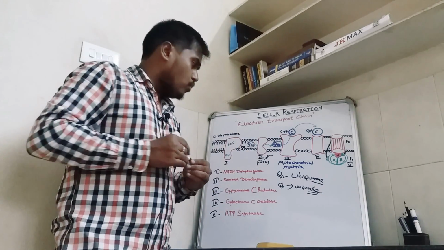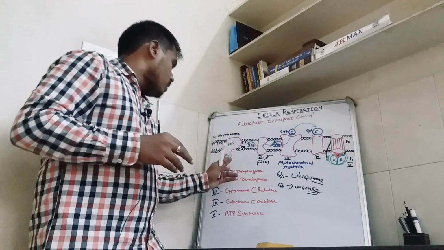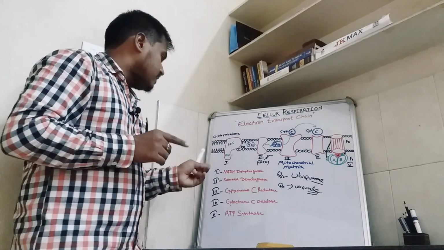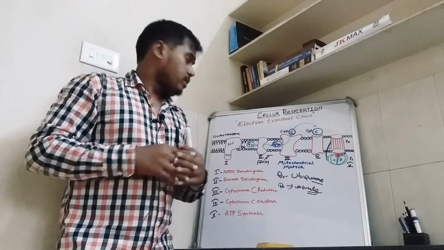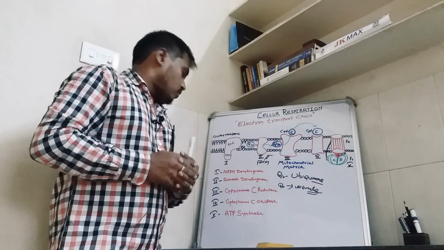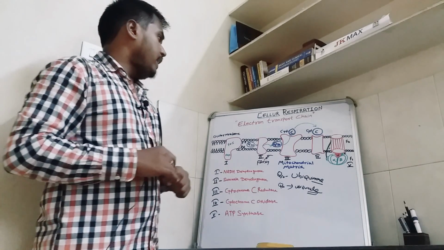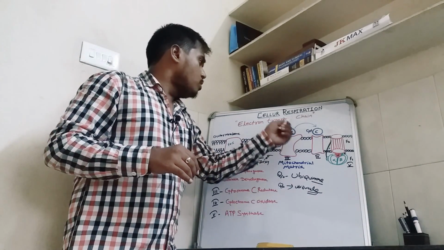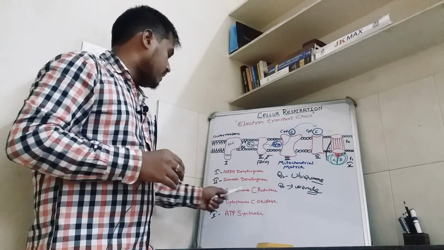So basically the main role of Q10 or ubiquinone is to collect electrons from complex 1, that is NADH dehydrogenase, and complex 2, that is succinate dehydrogenase, and pass them to complex 3. Complex 3 is called cytochrome C reductase, and it also has a soluble protein called cytochrome C. That's why it is called cytochrome C reductase.